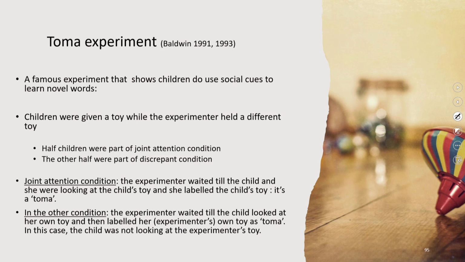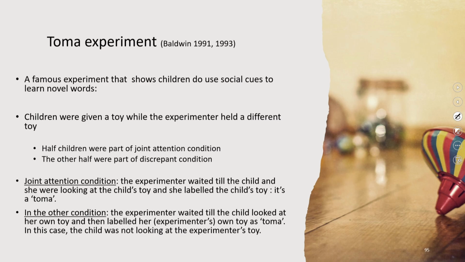So, in the joint attention condition, the experimenter waited till the child and she were both looking at the child's toy, and then she labeled the child's toy as it is a Toma. So, both the child and the experimenter have a toy each in their hands, but in the joint attention scenario, they both looked at the child's toy and called it, this is a Toma, it is a Toma. So, basically the child's toy is called the Toma.